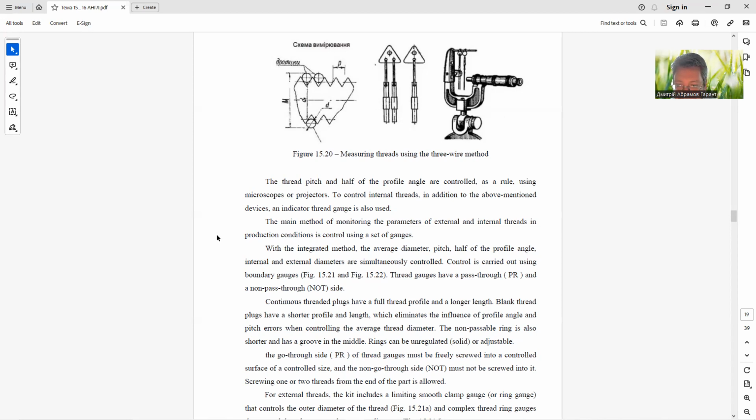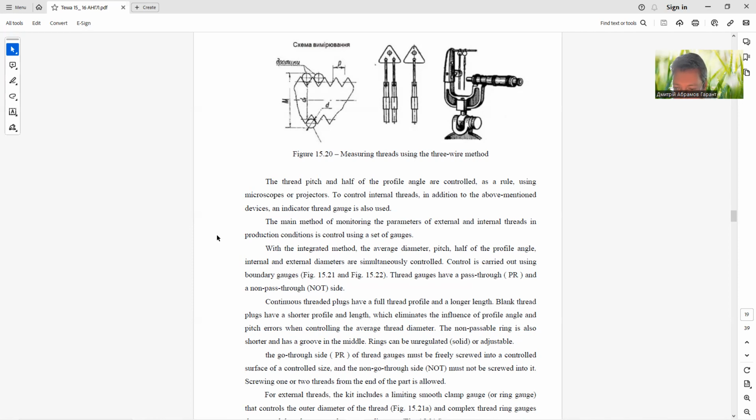Thread gauges have a go side, PR, and a no-go side. Go threaded plugs have a full thread profile and longer length. No-go plugs have a shorter profile and length, which eliminates the influence of profile angle and pitch errors when controlling the average thread diameter.